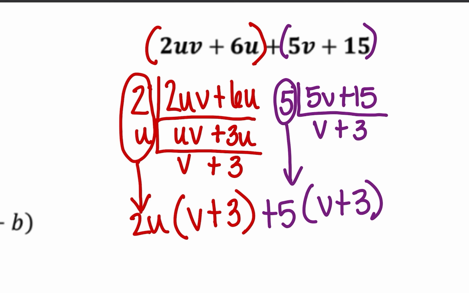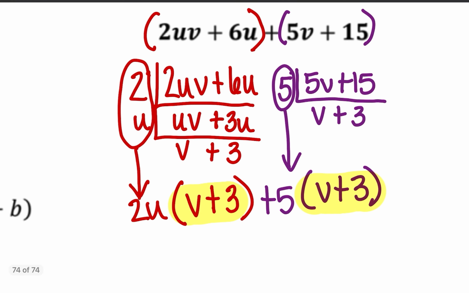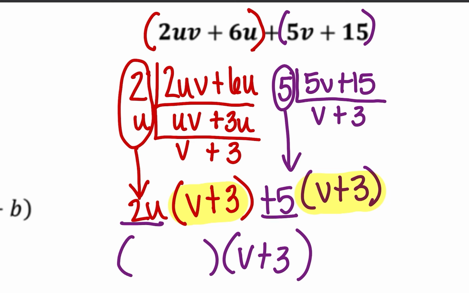And then if we do this correctly every time, we should have the same factor left over in the parentheses. So that factor that was left over is going to be one of our factors of our expression, and our GCFs that we pulled out are going to be our other factor. So this is our factored expression.